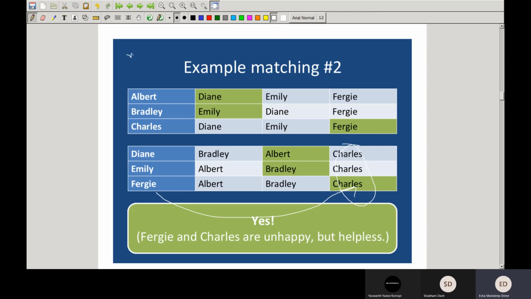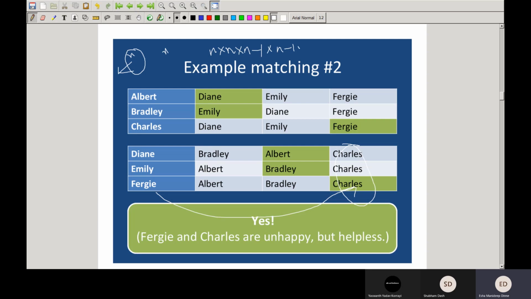Basically you have n men and n women, and every time you choose one from here, you'll have n choices, and then you choose one from the women with another n choices. Next time you choose another one from the men, which is n minus 1, and another from the women, which is n minus 1.